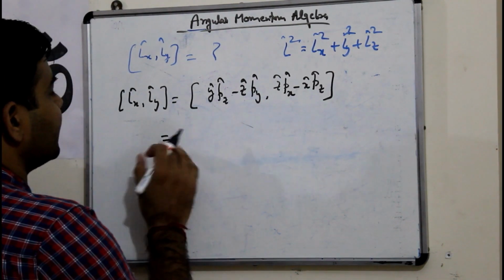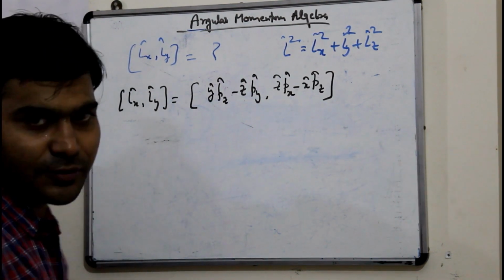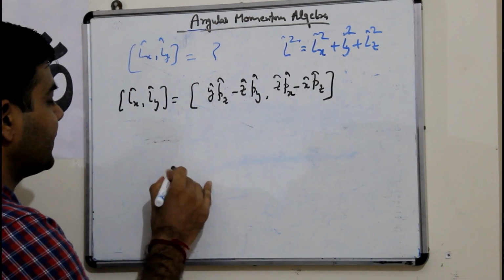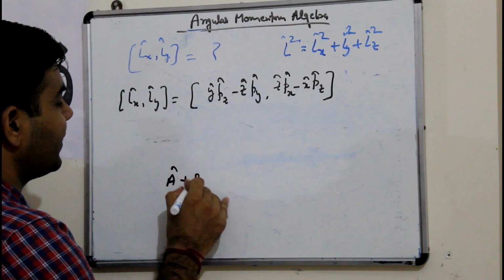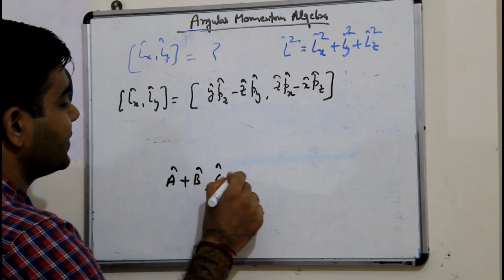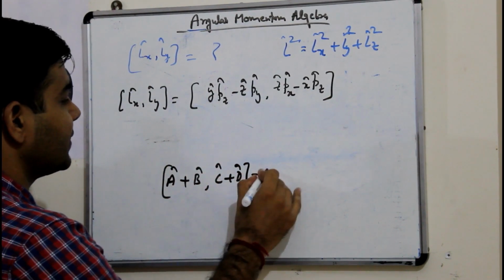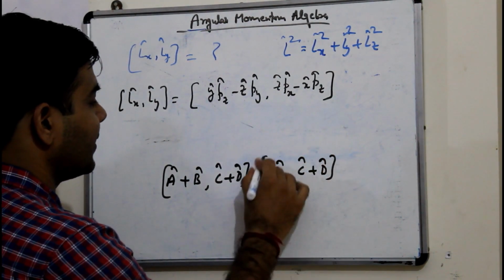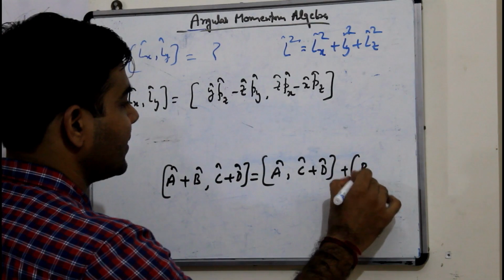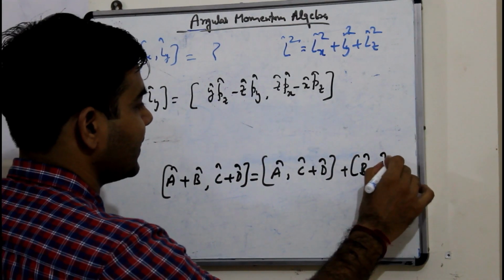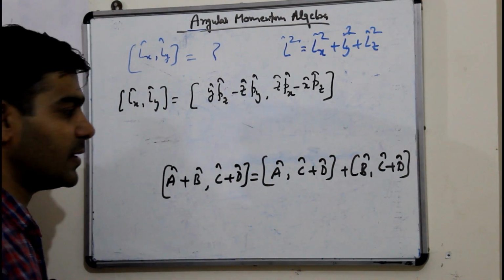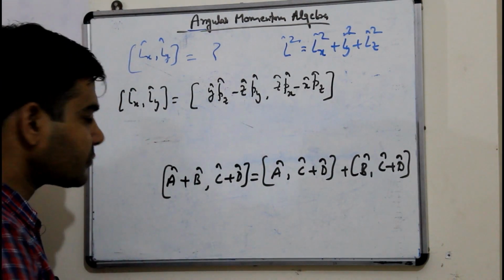Now let's do that. We know a certain rule of commutator algebra: the commutator of a hat plus b hat, comma, c hat plus d hat is equal to a hat comma c hat plus d hat, plus b hat comma c hat plus d hat, and then further we can break this.